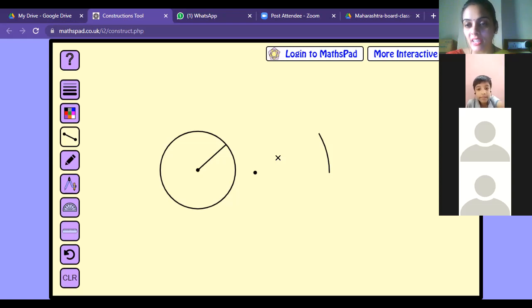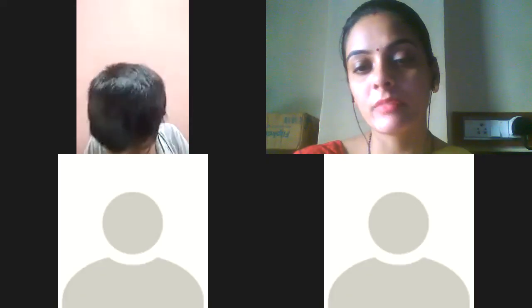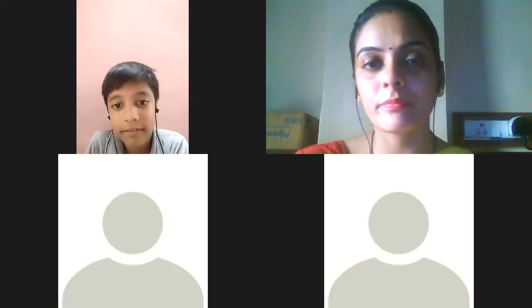Compass is required, but what measurement do you need? You need a radius. If the circumference is given, you divide that circumference by 2, and with whatever you get you can draw a circle. Is it clear how to construct a circle with the compass? Clear, all three of you? Yes, teacher. Okay.